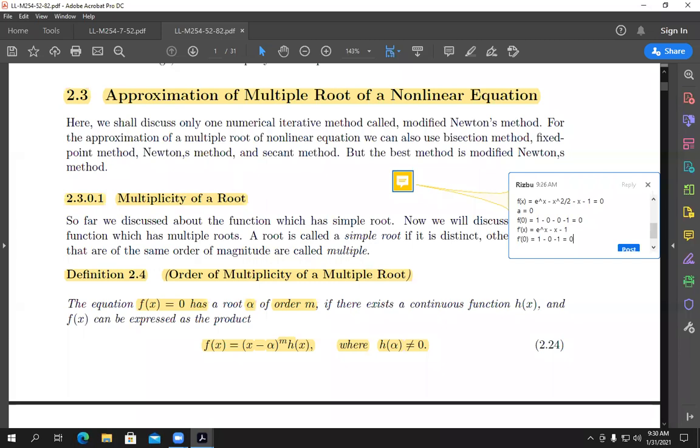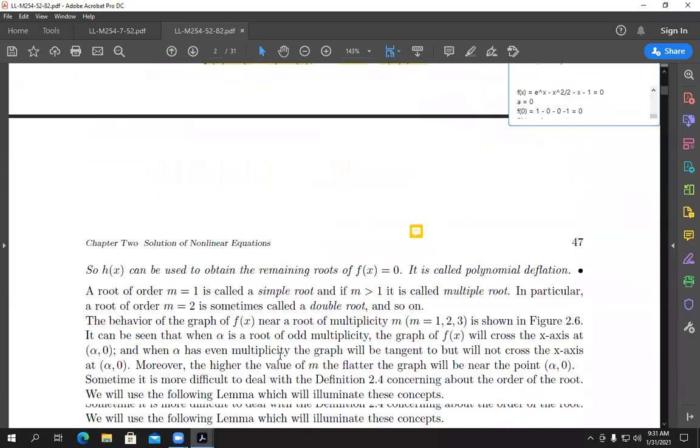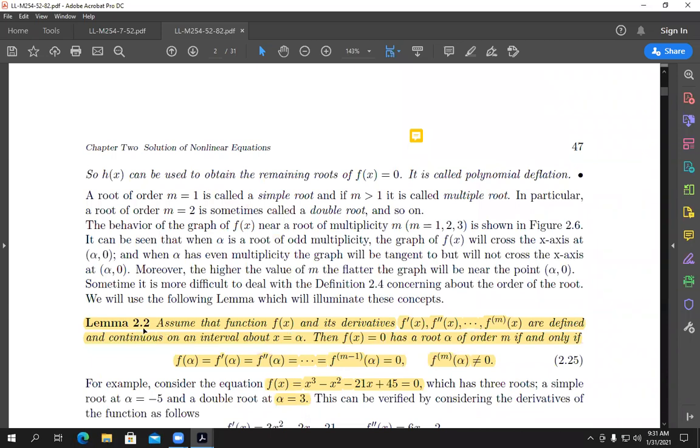We cannot find m by this formula. We need a shortcut, a simple rule to find m. And here I give a simple rule in the form of lemma 2.2.